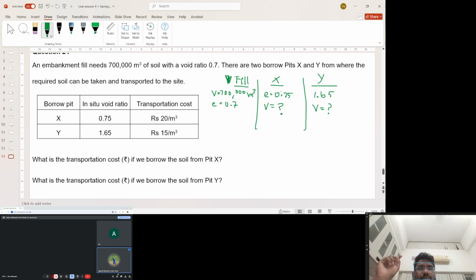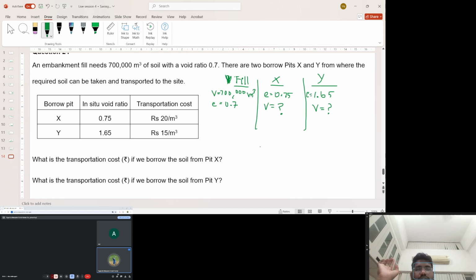Consider the soil properties, grain properties of X and Y are the same, the size and everything. These are two preferred materials of equal characteristics, but their state of compaction is different, so that their voids ratio is different.